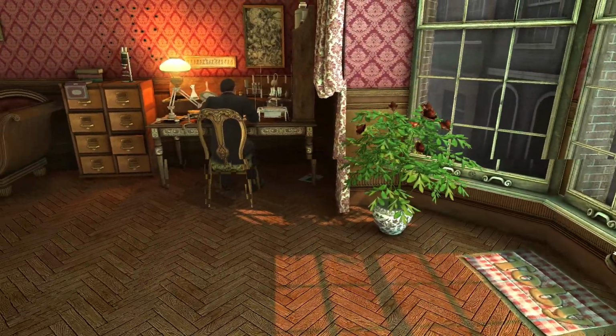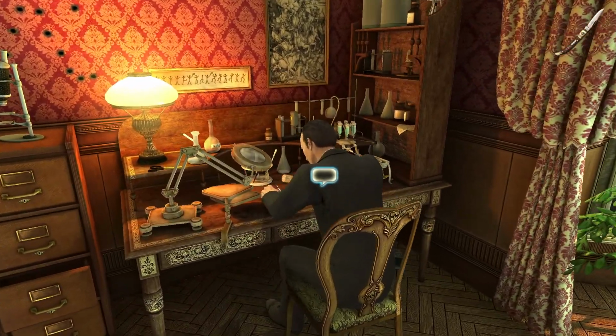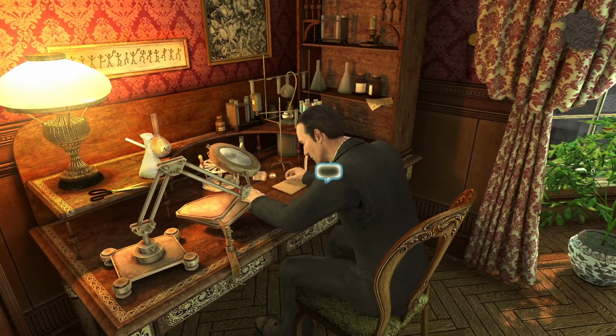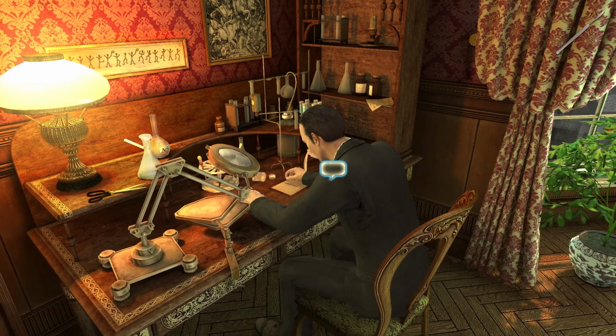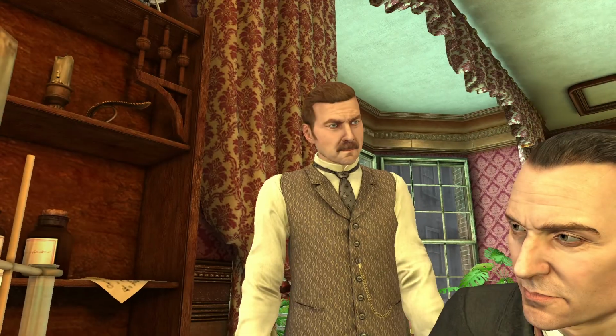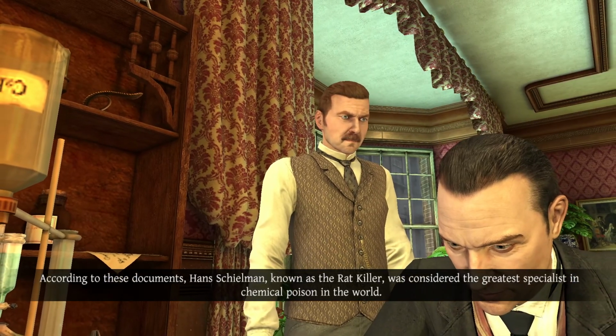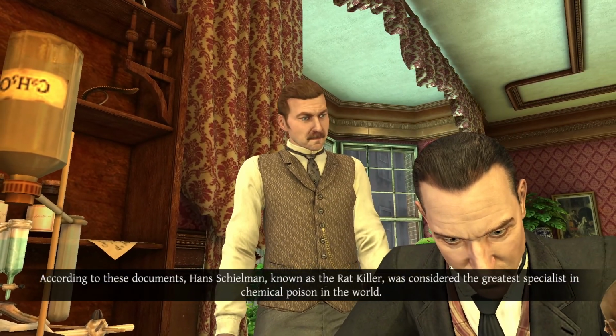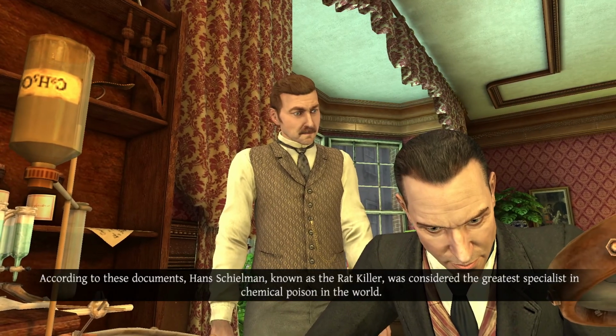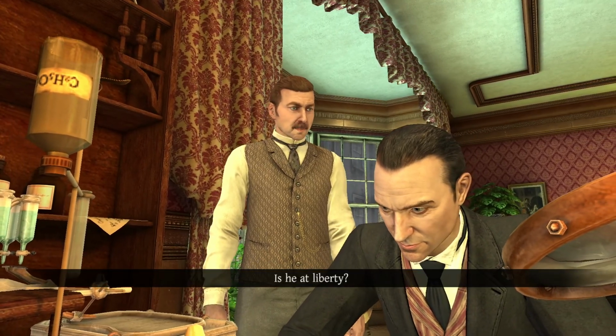Okay, and I guess we will give this to Holmes. Or not? According to these documents, Hans Schielmann, known as the Rat Killer, was considered the greatest specialist in chemical poison in the world. Is he at liberty?